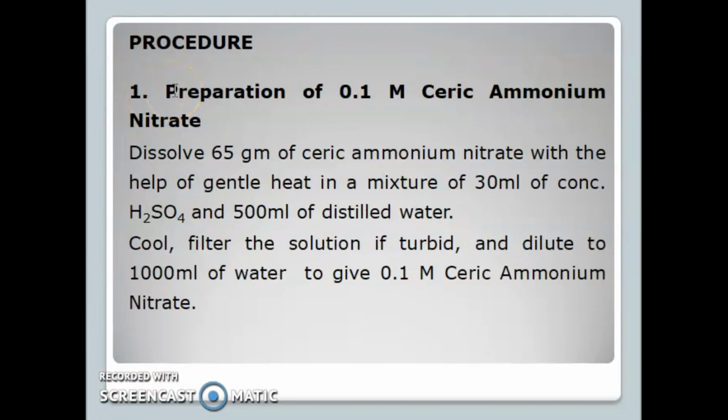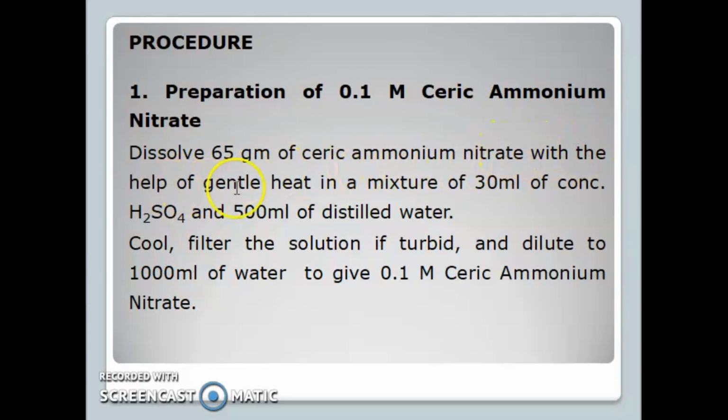Now we will see the procedure for our practical. Before starting the actual practical, we have to see the preparation of some chemicals. First is the preparation of 0.1 molar ceric ammonium nitrate. For this, we will require 65 gram of ceric ammonium nitrate.